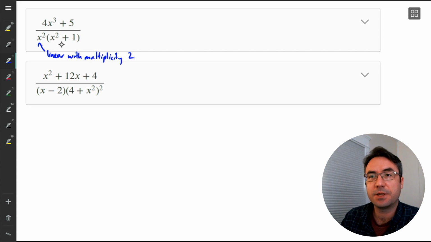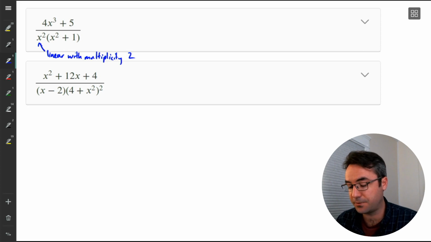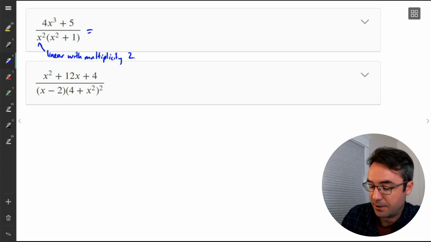Now, this x squared plus 1 is a quadratic, and it's an irreducible quadratic, so you can't actually factor this any further. We'll see how to check that later on, but for right now, this is an irreducible quadratic. So let's see what happens for the partial fraction decomposition for this whole function. Let's start with our linear term. That's generally the easier thing to start with.